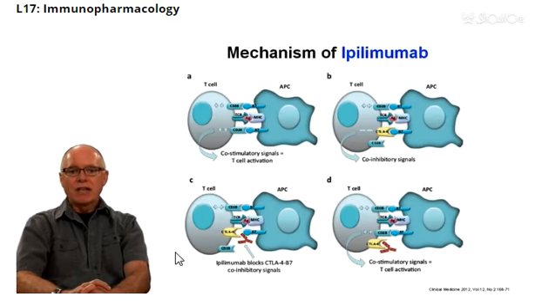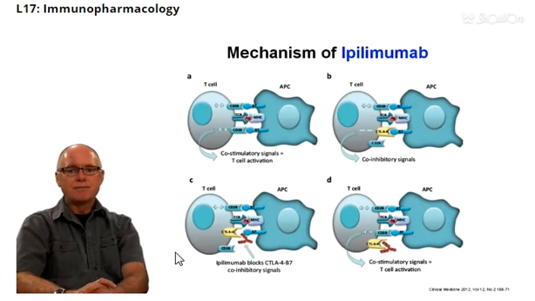As shown in panel C, ipilimumab binding to CTLA-4 blocks the binding between CTLA-4 and co-stimulatory molecules. The action of ipilimumab allows for the activation signal between CD28 and B7 to be reestablished, IL-2 to be produced, and lymphocyte recruitment into the tumor.